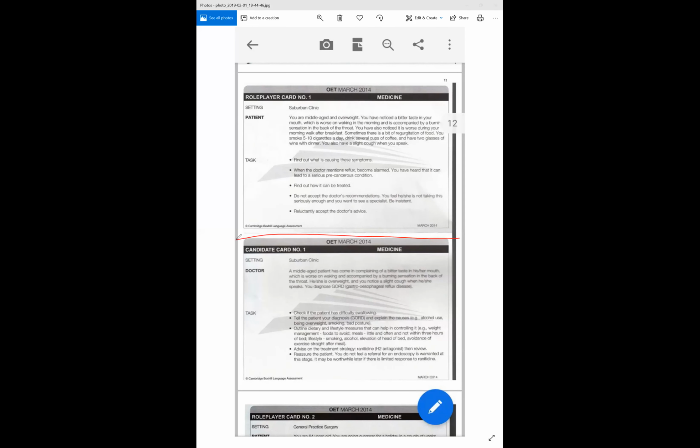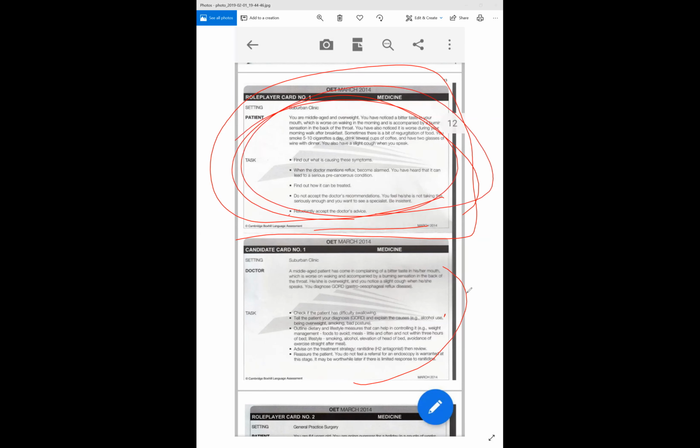This will be cut from here and given to the actor, sorry, to the interlocutor. Okay, then this will be given to you. You will read your task and make the fulfillment.